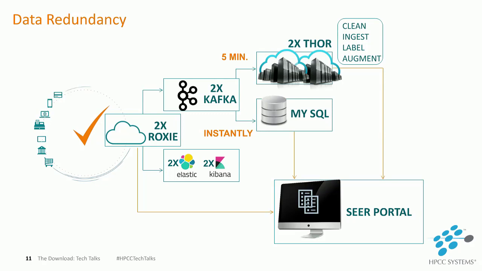The way we have implemented it, MySQL only keeps an interim amount of data, and we can actually pull it from anything else. So we don't see a real big need to replicate MySQL into 2 instances, because if I cannot make a connection to MySQL, I can quickly pull that data back from Elasticsearch or Kafka. So we don't need to replicate that. And the front end Seer portal, of course, is running on a load balanced Node.js server. So at the very lowest level, everything is running in pairs of 2s.